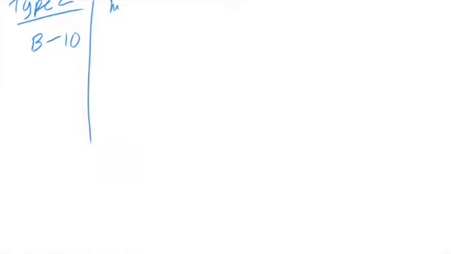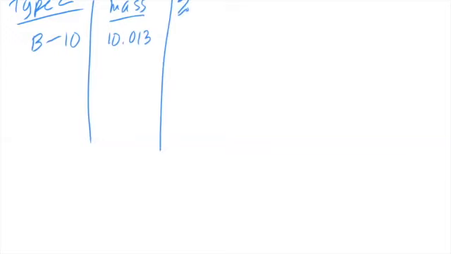Okay, so now I'm gonna do a second type 2 problem just so that you get a chance to see it again. This problem is dealing with boron, and it tells me in the problem that boron has two isotopes. The first one is boron 10, which has a specific mass of 10.013 AMUs.